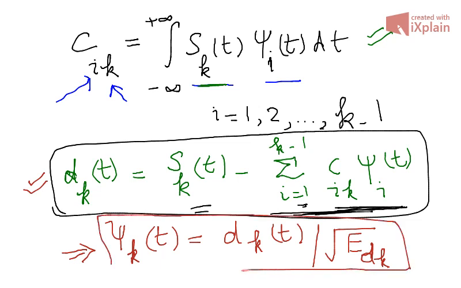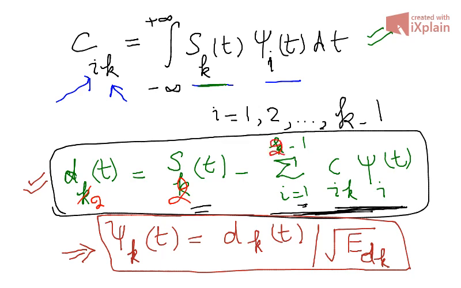Now, based on that procedure, you can test it for d2, for example. If k is equal to 2, you put 2 here instead of k, and i goes from 1 to k minus 1, which is 2 minus 1, which is 1.